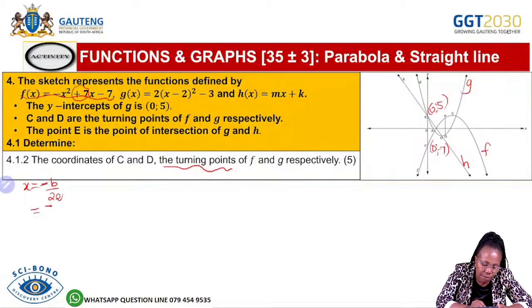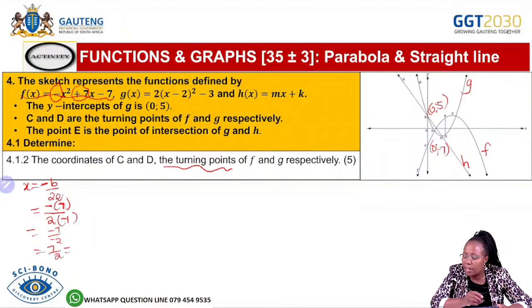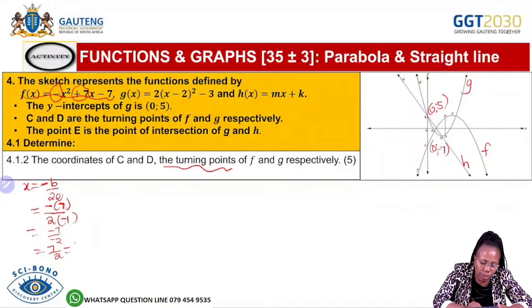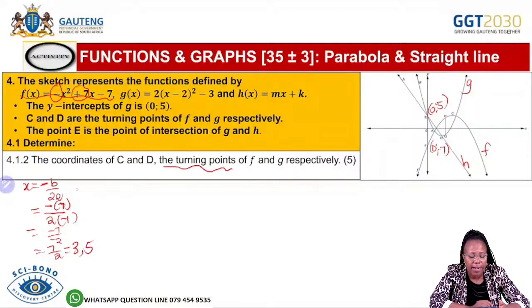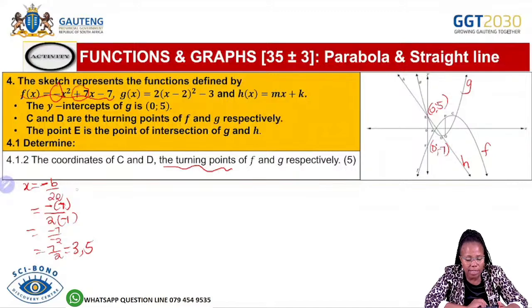It's a negative from the formula, and 7 from the equation. And then 2 times the a value, which is -1. So it's -7 over -2, which is 7 over 2, which is 3,5. That is the x turning point.